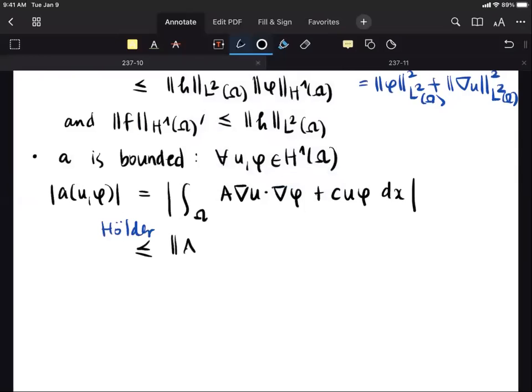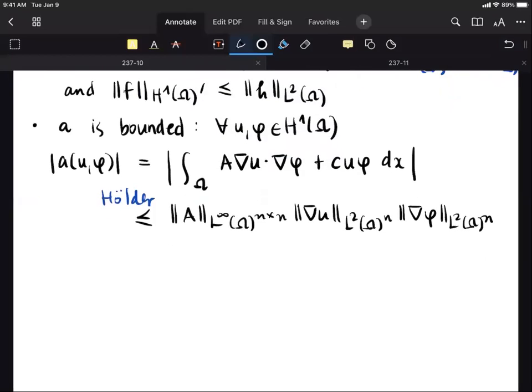You have the L infinity norm of A times the L2 norm of the gradient of u times the L2 norm of the gradient of phi. Similarly, for the second term, you have the L infinity norm of c times the L2 norm of u times the L2 norm of phi.